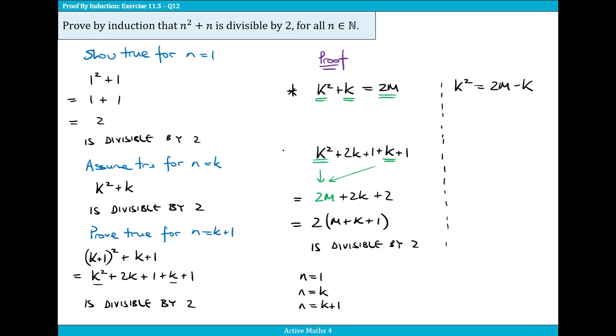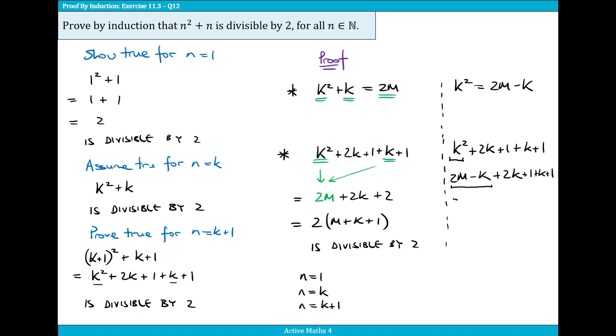Then if I return to this line here, I'm trying to prove that k squared plus 2k plus 1 plus k plus 1 is divisible by 2. I'm going to replace the k squared with 2m minus k, and then I still have this plus 2k, and then plus 1 plus k plus 1.